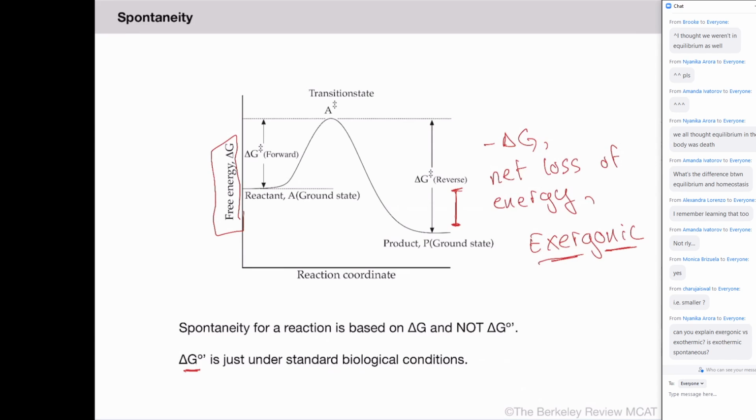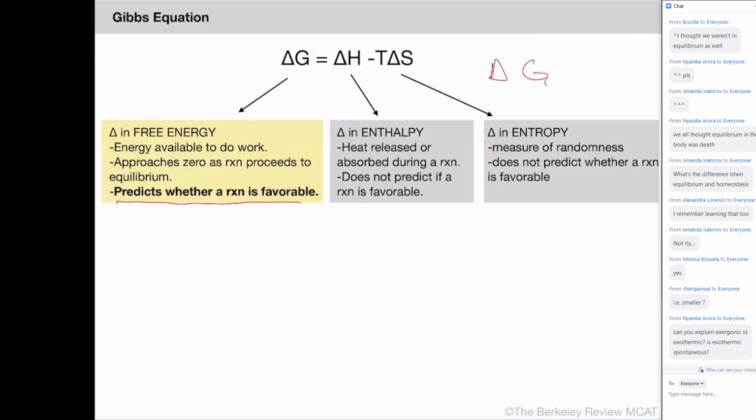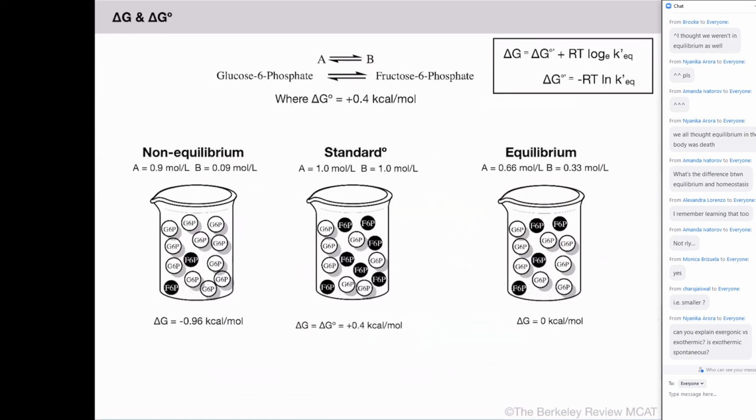So it's like the same thing, but instead of free energy, we're talking about heat. And is exothermic spontaneous? Yes, but you would be going back to this. It could be spontaneous if everything else aligns, aka your entropy. And we're not going to go into that.